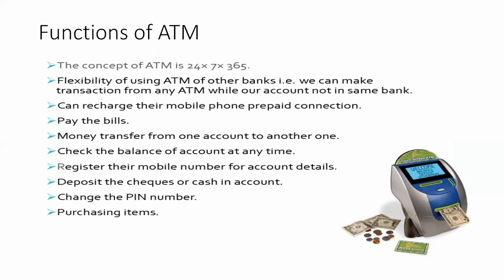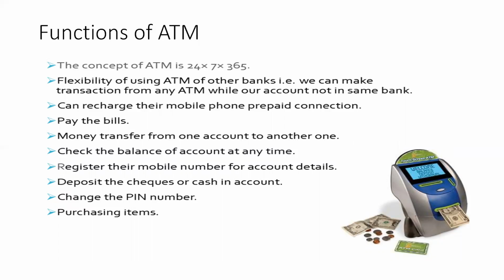If you see the functions of the ATM, the concept of ATM is 24 by 7 into 365 days. It means the function is provided throughout the day, throughout the time, throughout the year. That is the efficiency of the ATM machine. Today, human beings cannot work so effectively even during the night, but the machine is so alert and providing services to the customers.